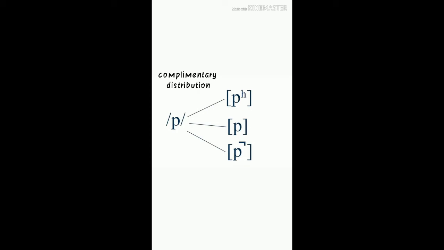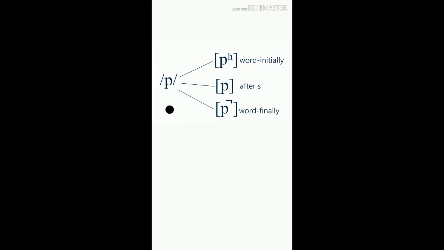The next material is phones and allophones. Phones are phonetic units and appear in square brackets like this. And these are allophones of the phonemes. This is complementary distribution with each other. But this one potentially could have three different allophones.